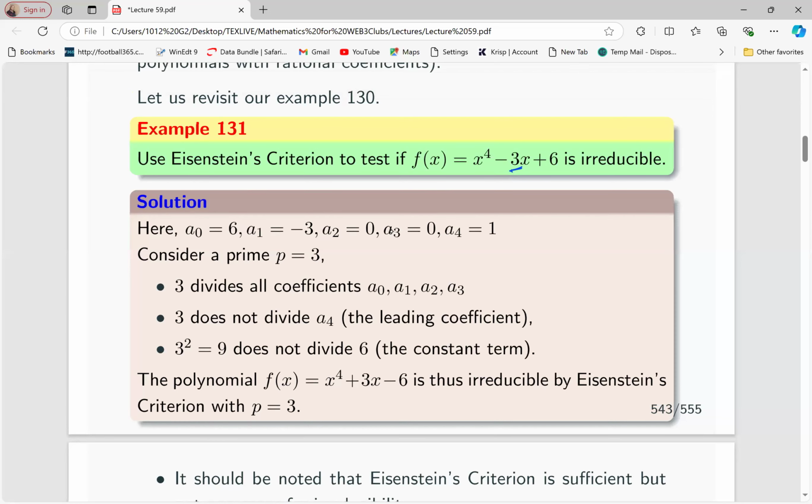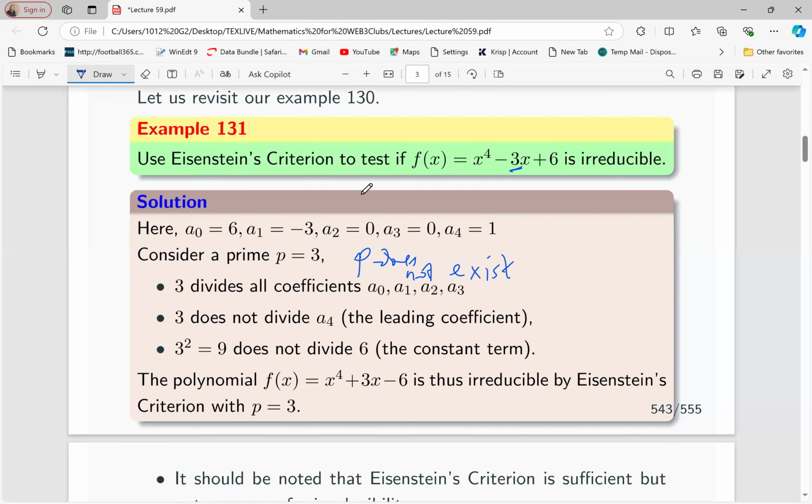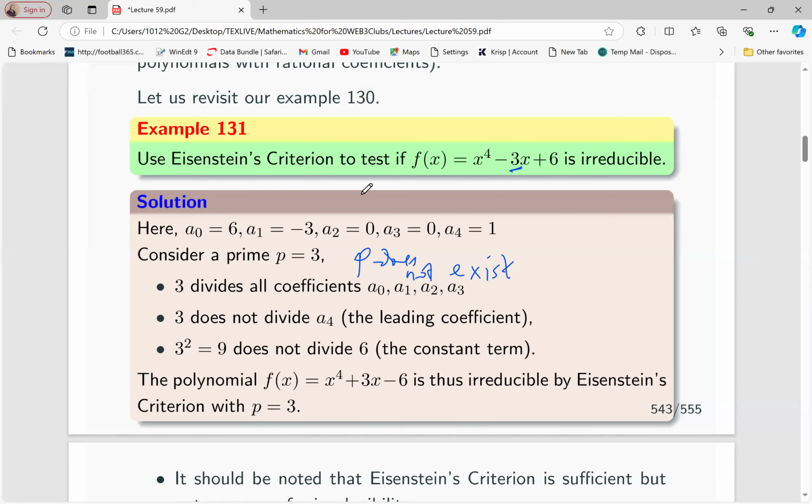But if the prime number does not exist, and you've thought about all the prime numbers and not found any that meets those conditions, what we then say is that the polynomial is reducible. It can be factorized. But when you find that the condition is not met, it's not always true that the polynomial can be factorized. It's not always true.